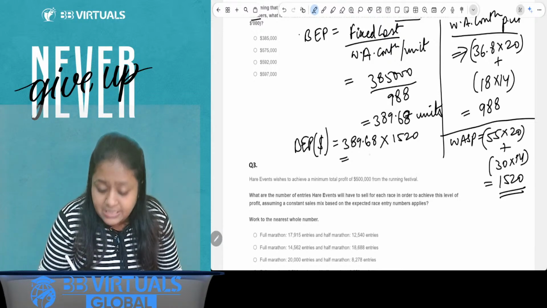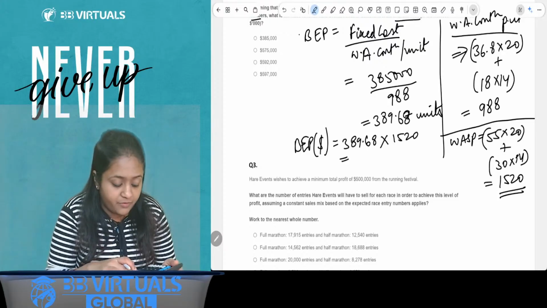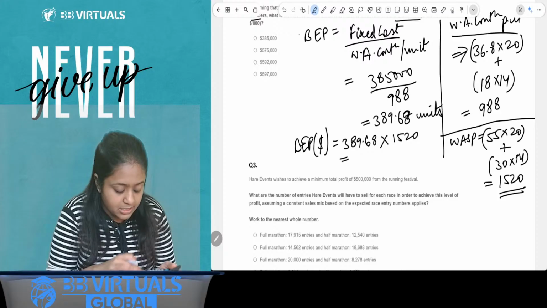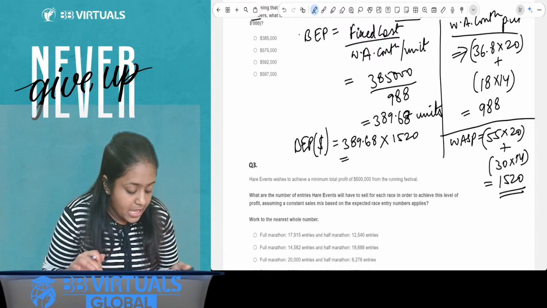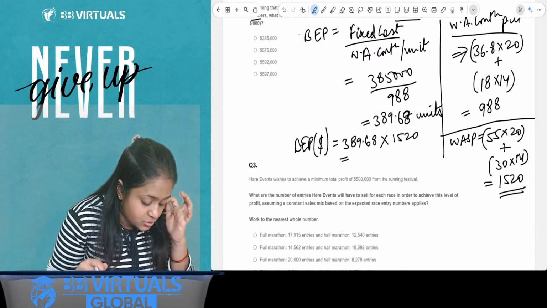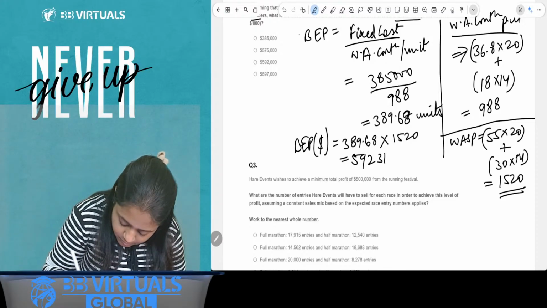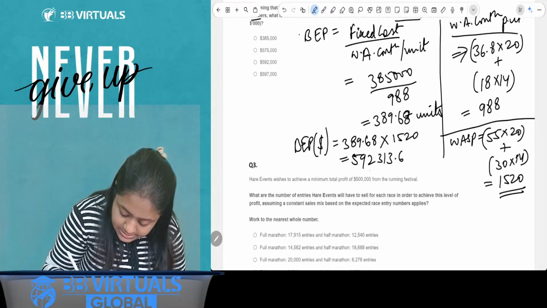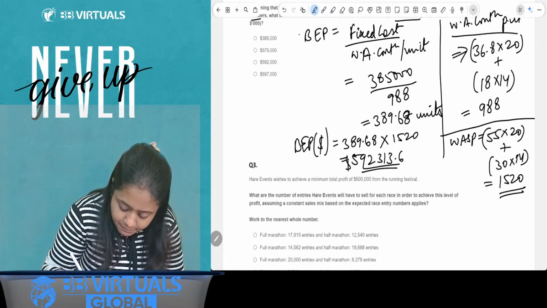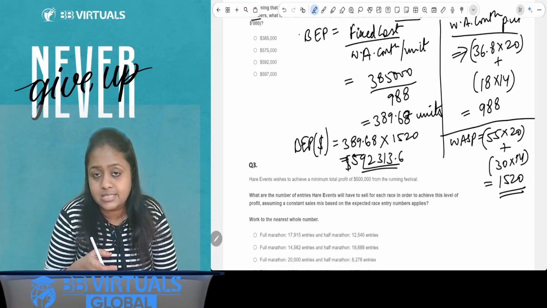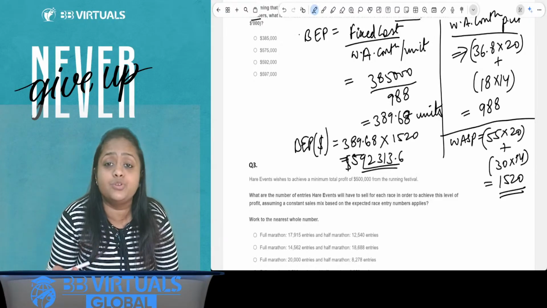Okay, so 389.68 multiplied by 1520, I get here 592,313.6. Okay, this I get my answer in dollars. Now, of course, there can be variation in the answer. Let's see the options, but I'm telling you both ways you can do.